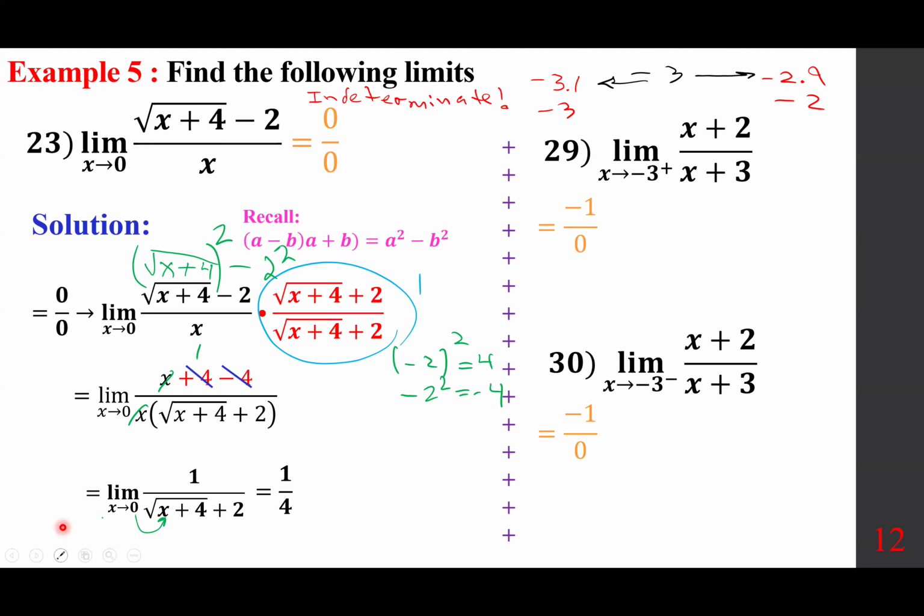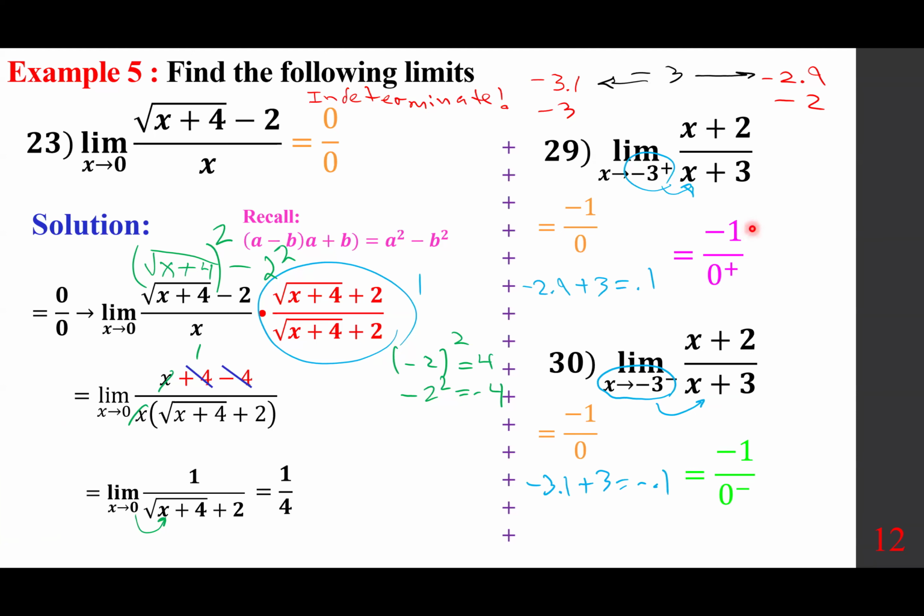Let me show you. So in this case, if I go with negative 3 from the right for the denominator, let's say negative 2.9 plus 3, I get positive 0.1. So it's negative 1 over 0 from the right. Whereas here, for example, negative 3.1 plus 3 is negative 0.1, and it is negative 1 over 0 from the left.